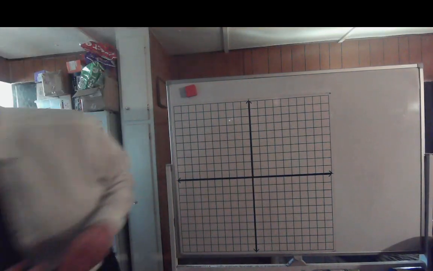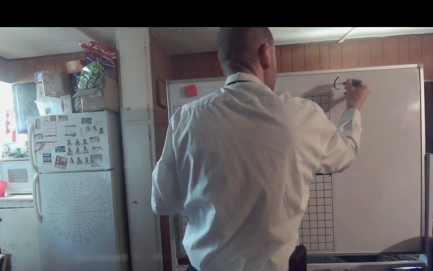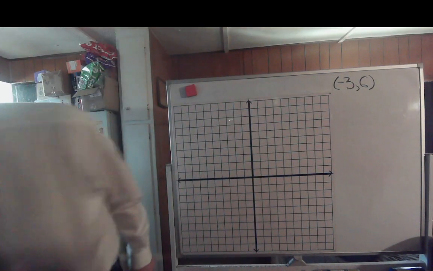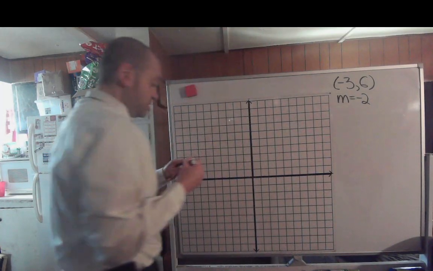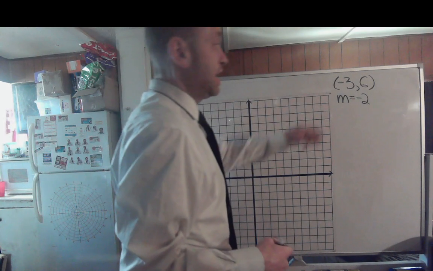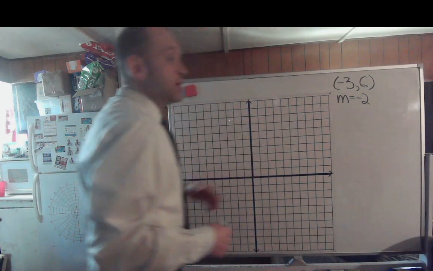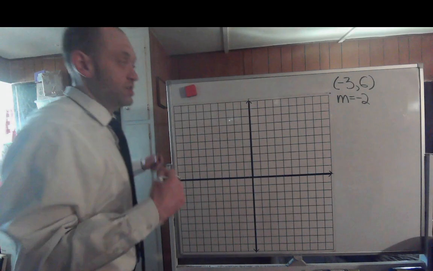All right. This time we're given the point negative 3, 6. We're given a slope of negative 2. So since we don't straight up have a y-intercept, we have some other point, negative 3, 6, and we have a slope, you're going to want to use the point slope form to find the line initially.